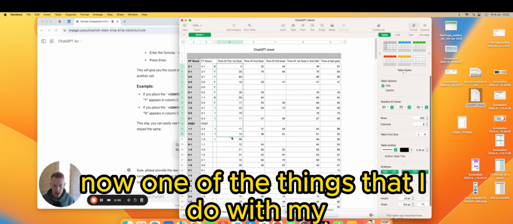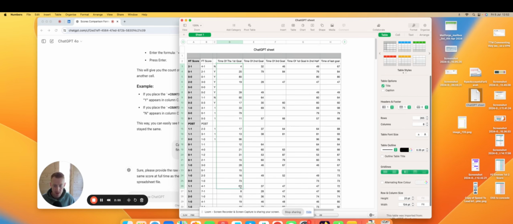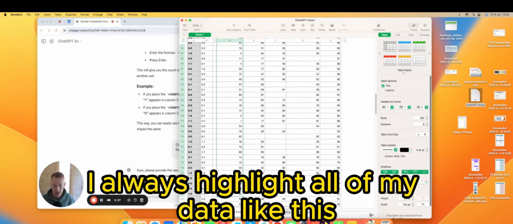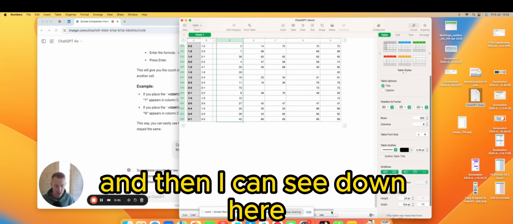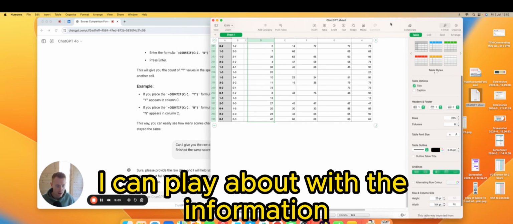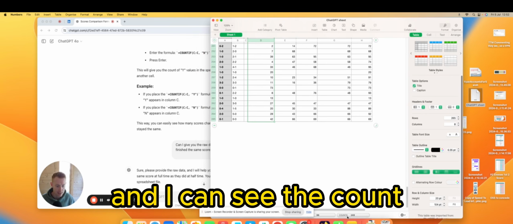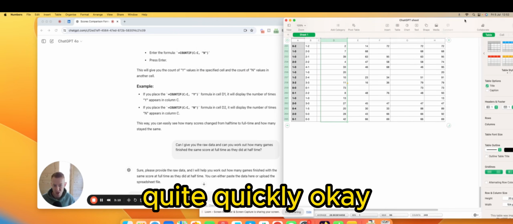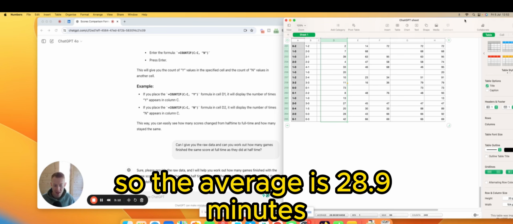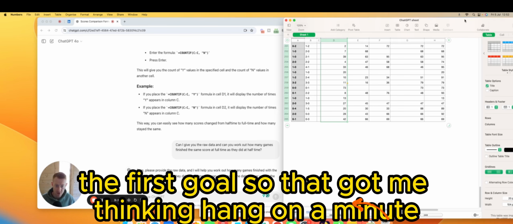One of the things that I do with my spreadsheets anyway, I always highlight all of my data like this, and then I can see down here, I can play about with the information and I can see the count. One of the other things I can also see quite quickly is the average. So the average is 28.9 minutes, the first goal.